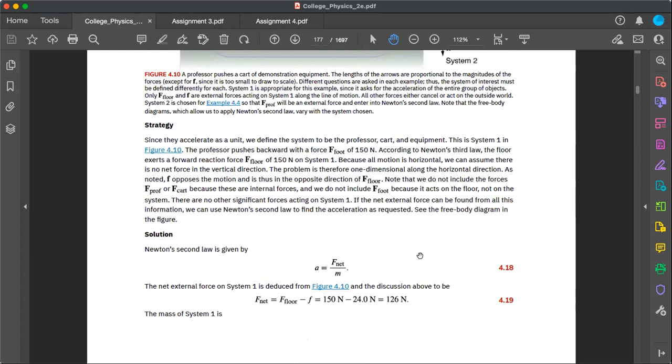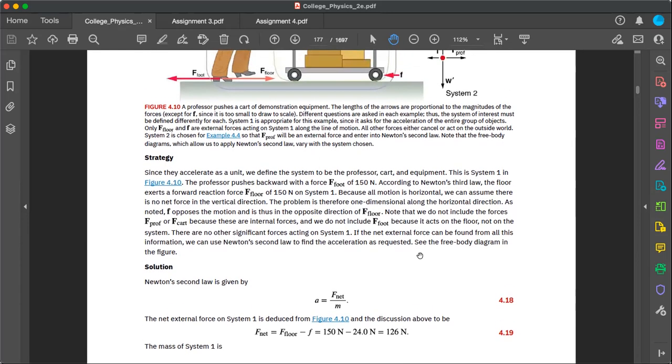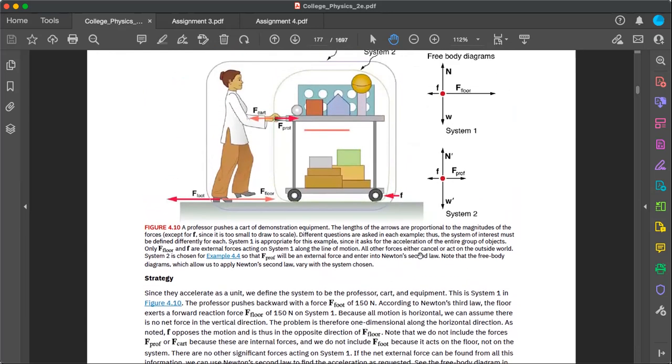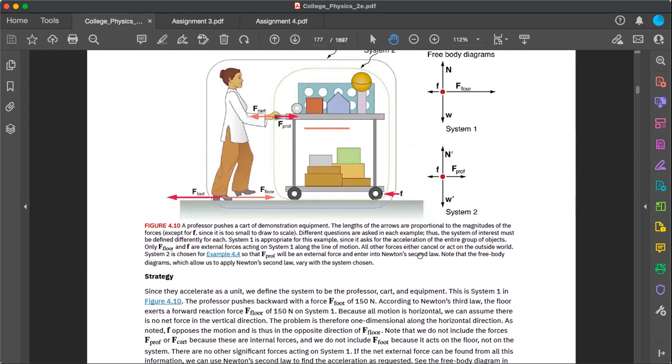So you can use Newton's law, because the acceleration is the net force over the mass. The net force is 150 minus 24. As you see in this picture, the only external forces are the force of the floor and the friction.